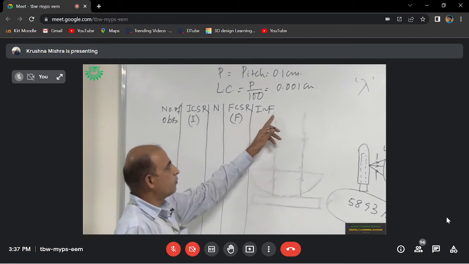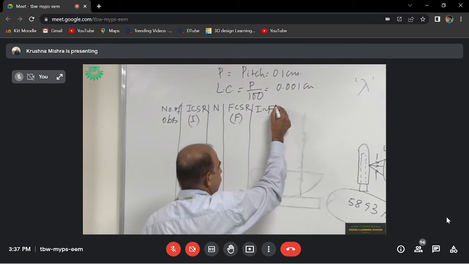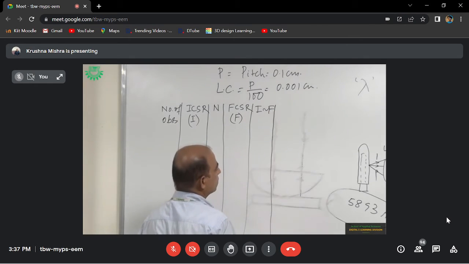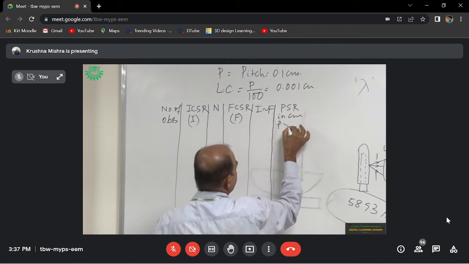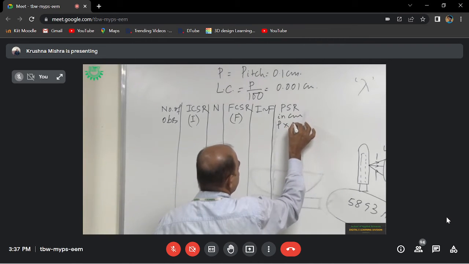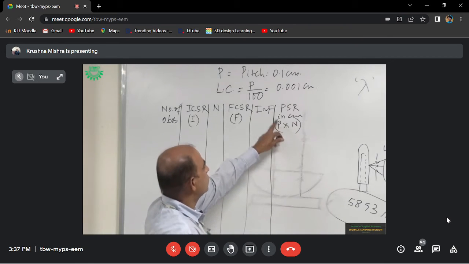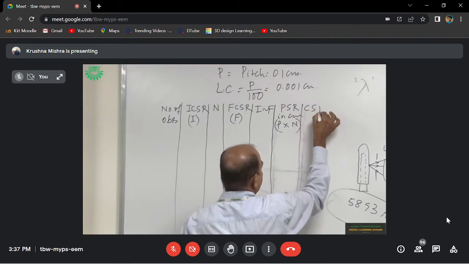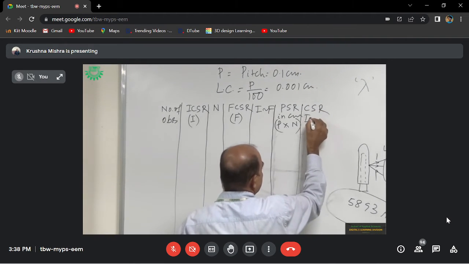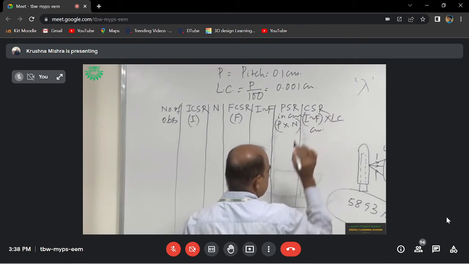All of these have no units because they are simply numbers which we get from the circular scale. Then PSR in centimeter, that is P into number of rotations. It is in centimeter because the pitch is in centimeter. Then CSR, that is circular scale reading difference multiplied by the least count, in centimeter.